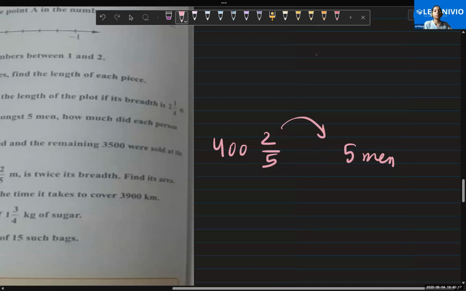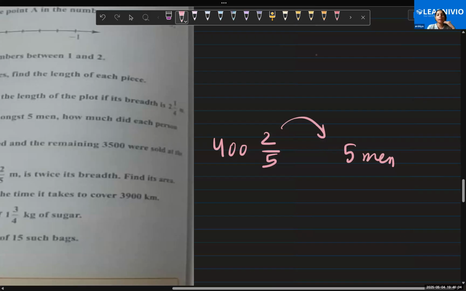So 2,000 plus 2, 2,002 divided by 5 equals 2002 by 25 kg. Correct.